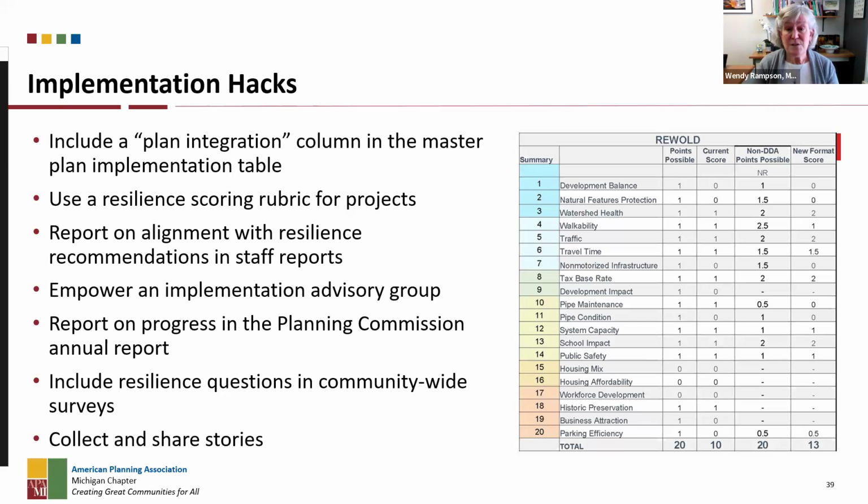You can add a section to the Planning Commission annual report about implementation of resilience recommendations, and that will go on to the elected body. You can take advantage of community-wide surveys to ask residents about their resilience concerns. And then, of course, as mentioned earlier, collect and share stories to keep these in the public realm.